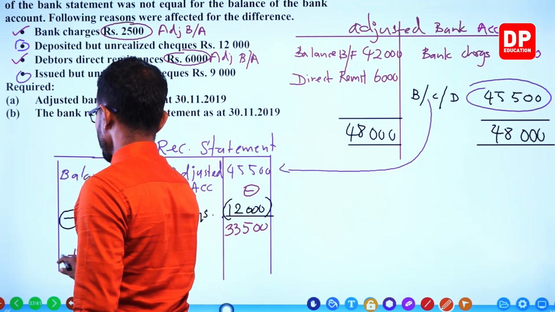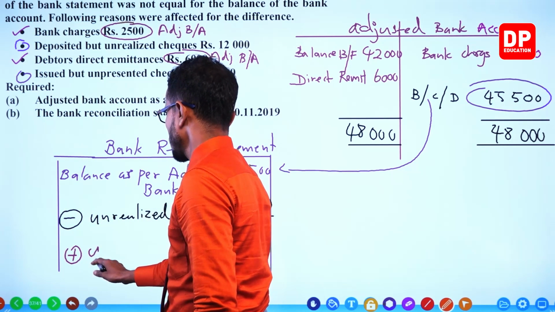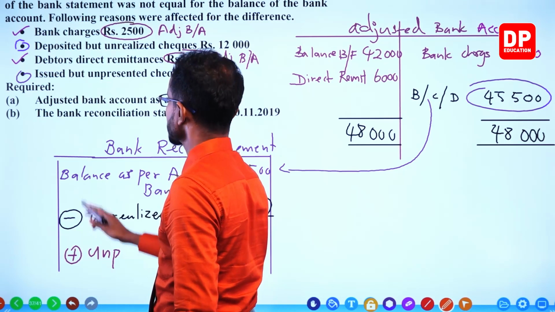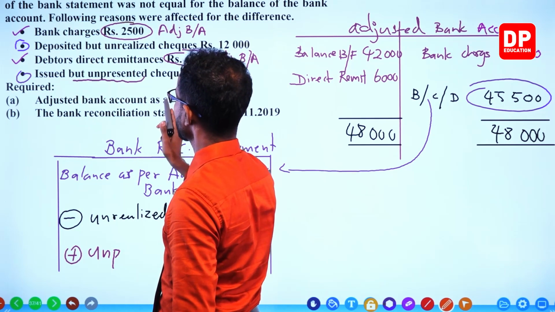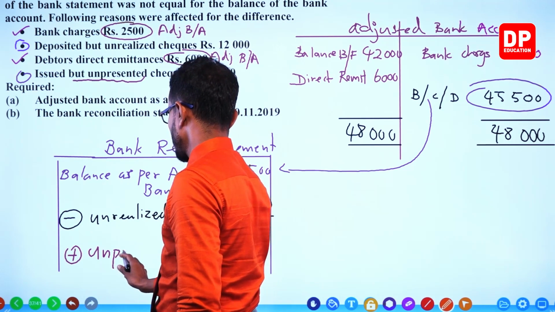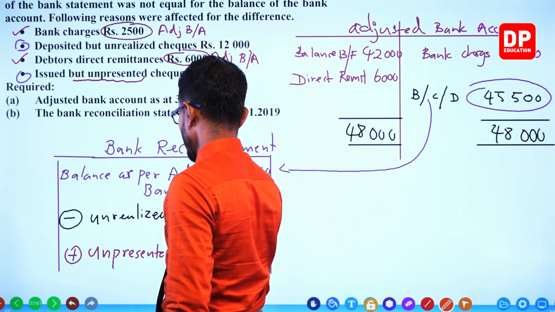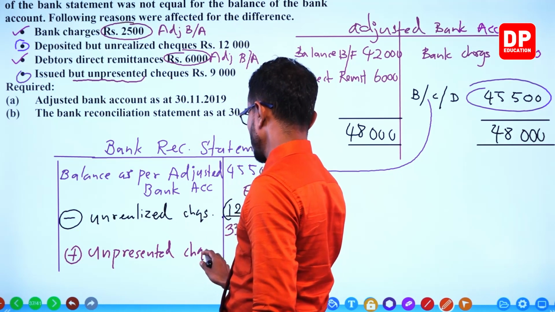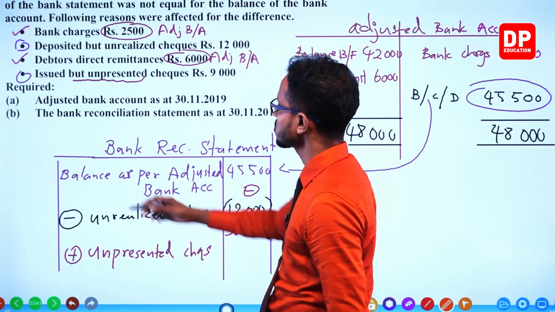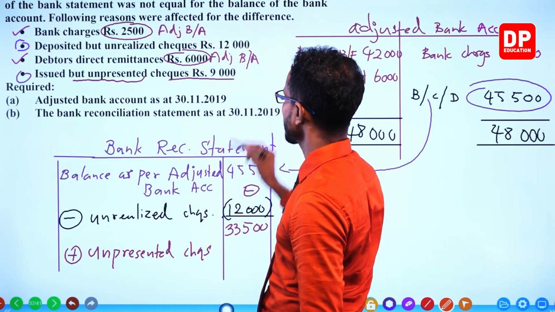Plus unpresented checks. How much? 9,000.